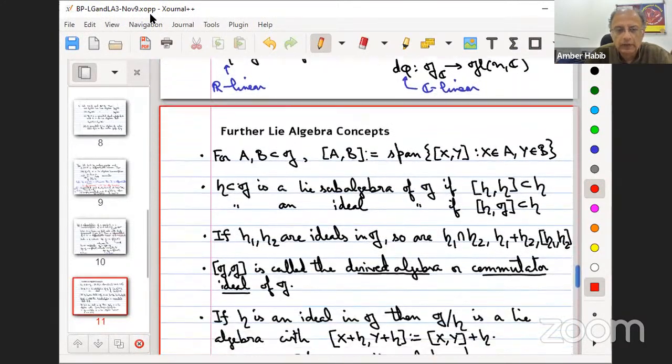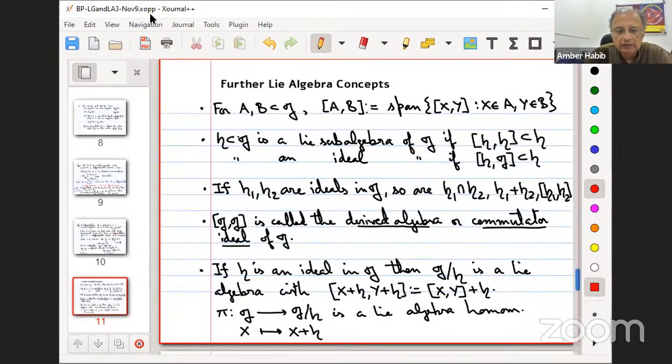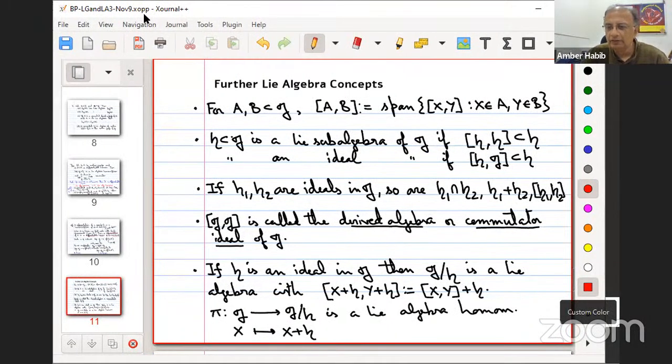Now let me just introduce a few basic Lie algebra concepts. It'll probably be useful in later lectures as people work with more advanced things with Lie algebras.